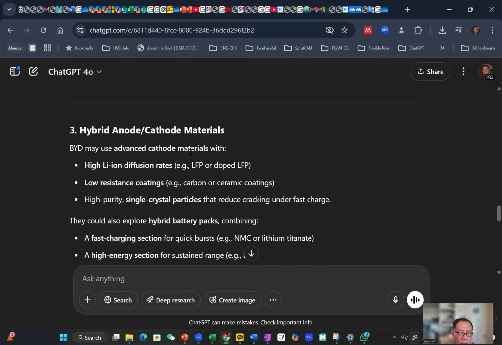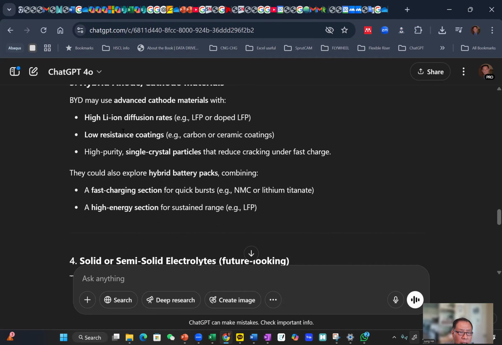You know, in every battery, even for the hydrogen storage or fuel cell, we always have the cathode and anode materials. So BYD uses advanced cathode material: high lithium ion diffusion rate, low resistance coatings, carbon ceramic coatings.